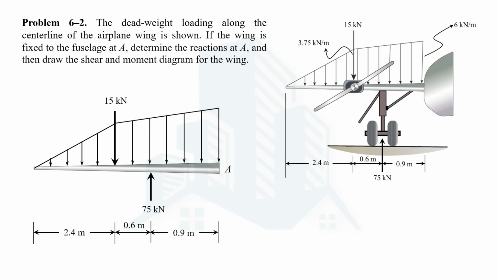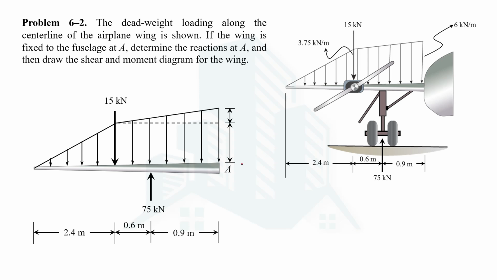To deal with this trapezoidal load, we need to split it into two parts like this, so that we have a uniformly distributed load over here, and a triangular load over here. The uniformly distributed load will have magnitude up to this point, and the triangular load will have the rest of the magnitude.